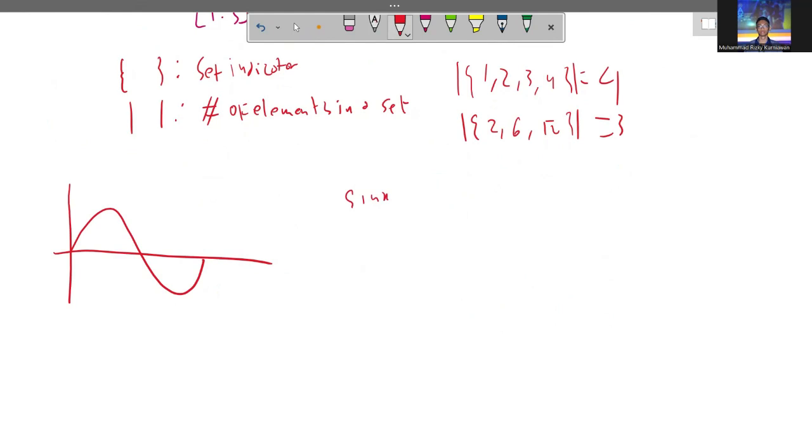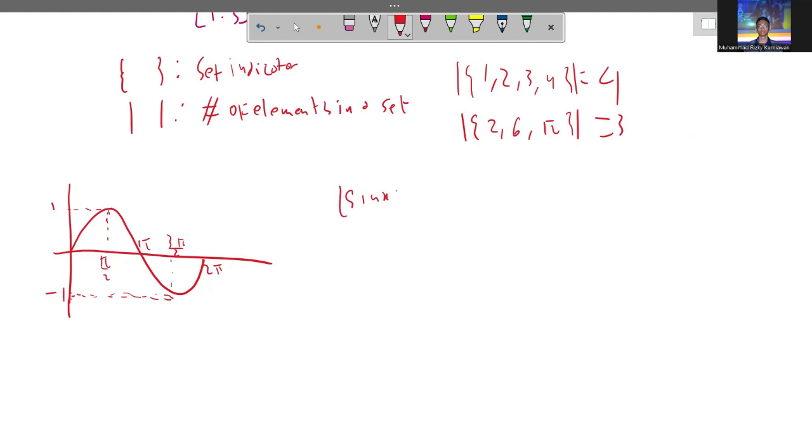We've got some important numbers here: pi over 2, pi, 3 pi over 2, and 2 pi. And then the peaks here are 1 and -1.